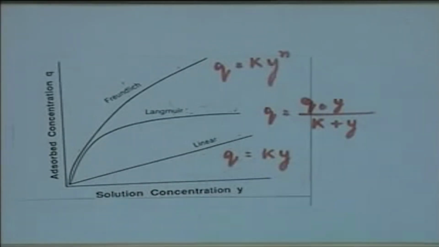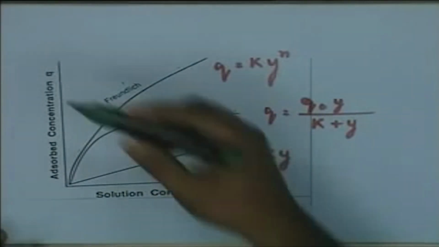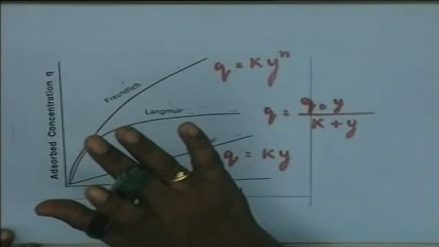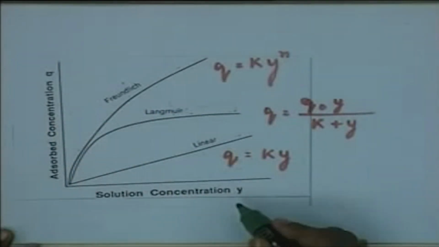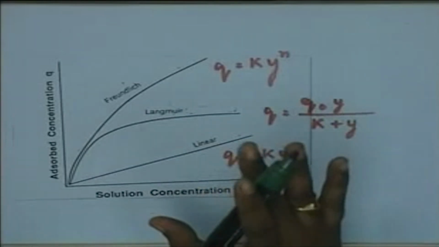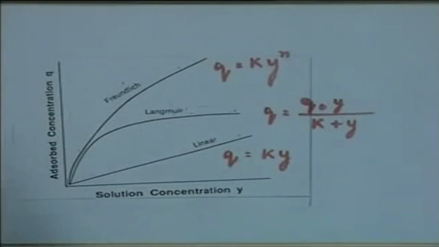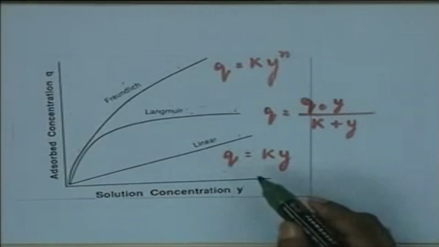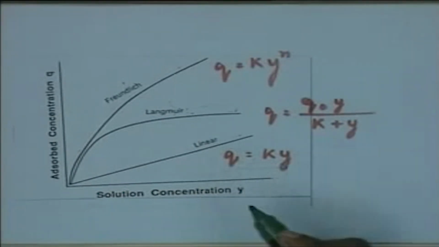One is linear, where Q is the concentration of the enzyme protein on the surface of the carrier and Y is the corresponding concentration in solution at equilibrium. If you take a combination of enzyme and carrier, measure the concentration in the solid phase and in the liquid at equilibrium, and make an isotherm, in some cases you may end up with a linear relationship, Q equals K times Y, which is a simple relationship.